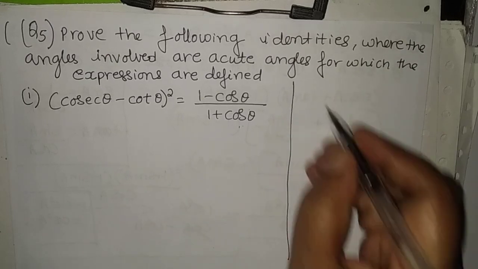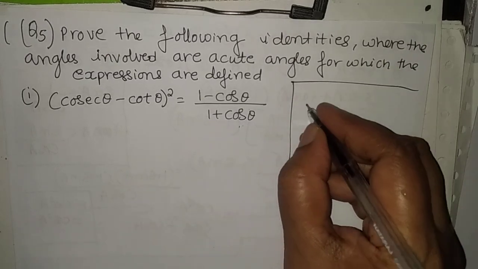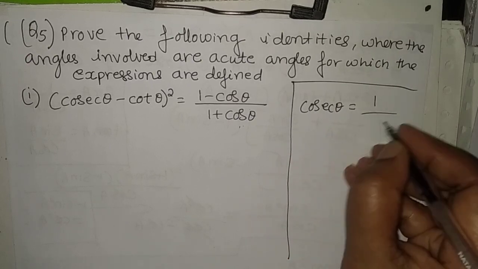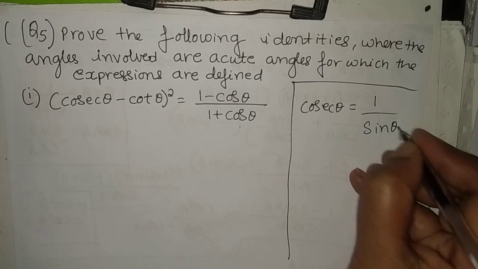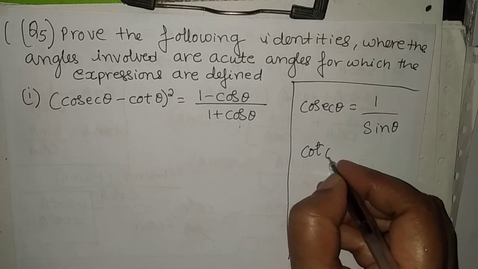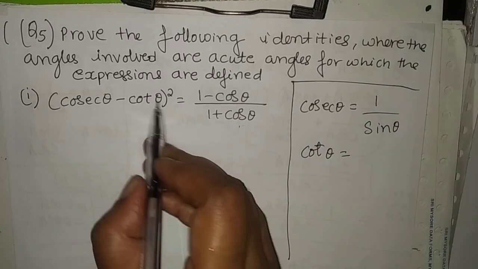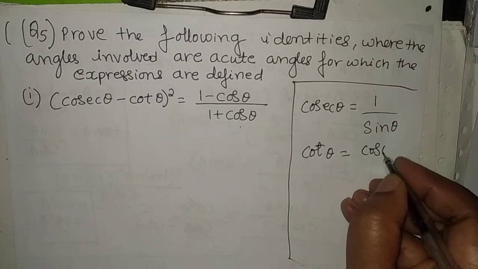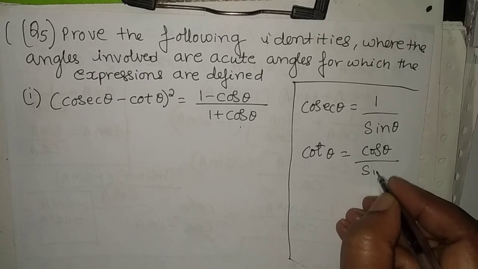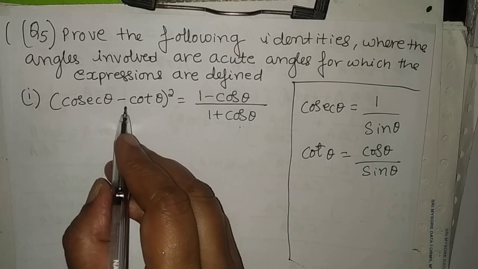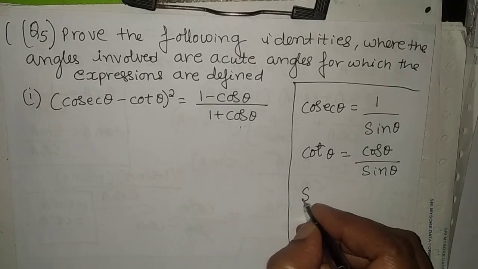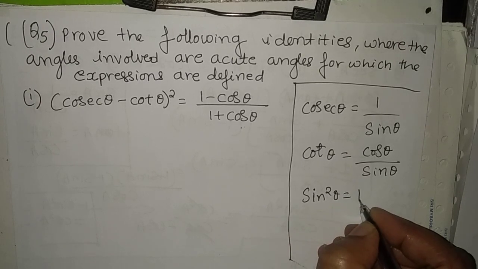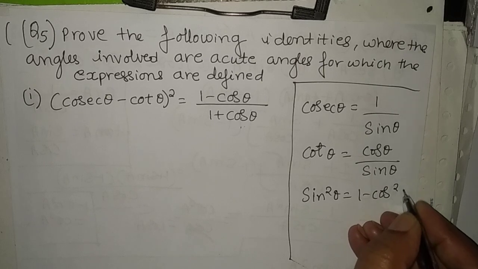Cosecant theta is equal to 1 by sin theta, and cot theta is cos theta by sin theta. First see what is there, writing down the simplified forms first: sin square theta is equal to 1 minus cos square theta.